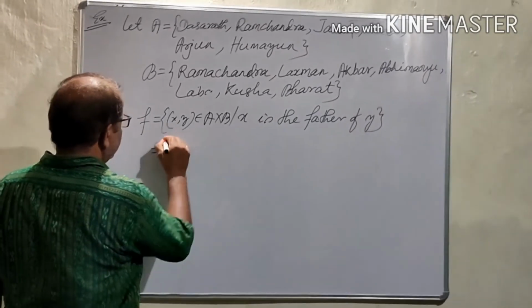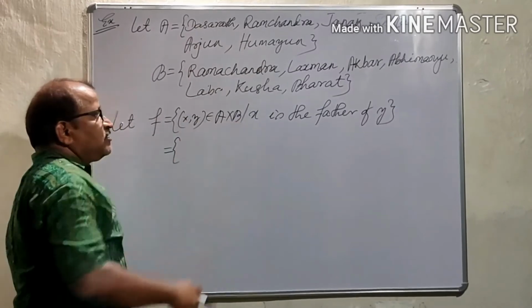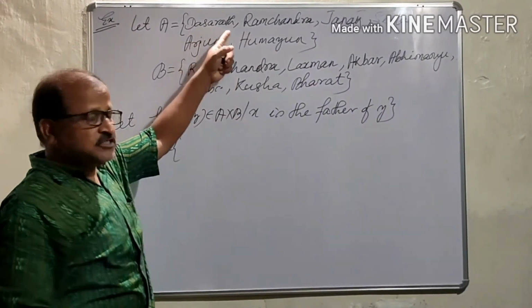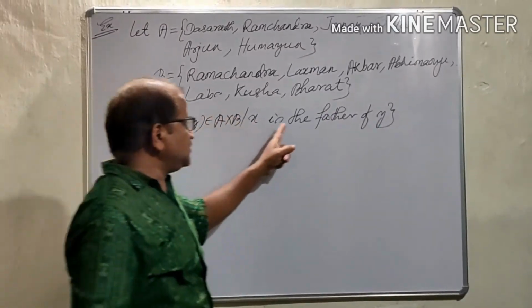Here you see, is anybody there to be related with Dasharatha? That means x will be related to y if x is the father of y.